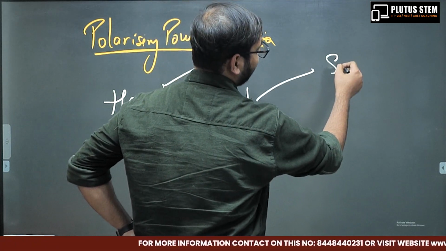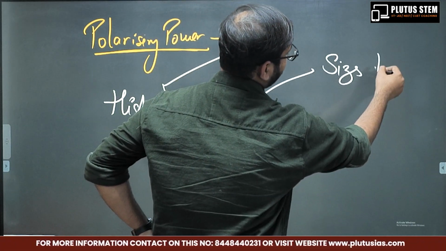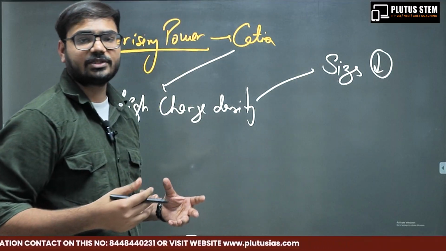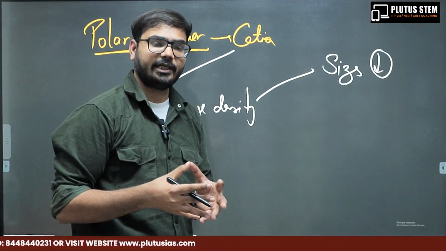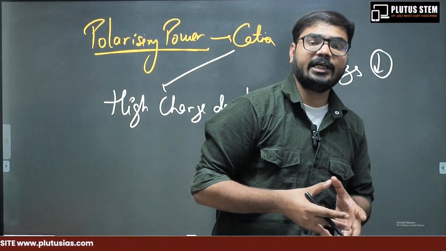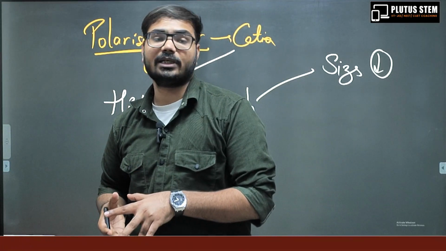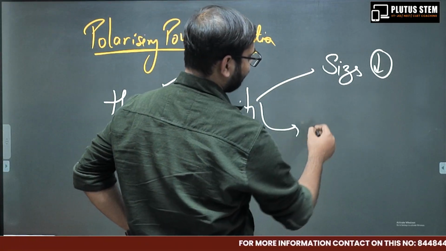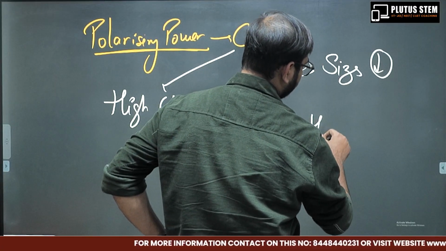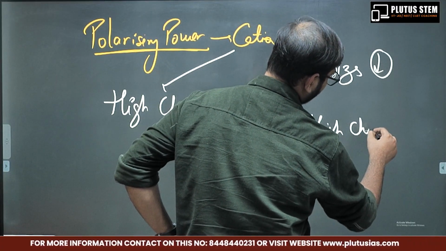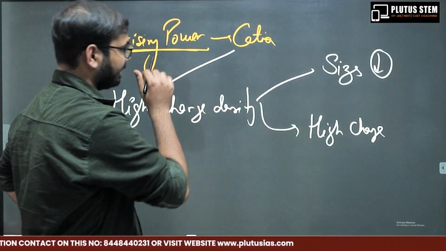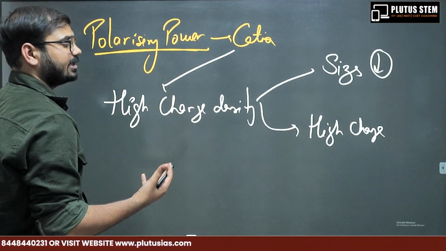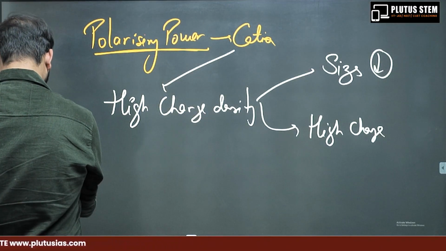First, you should have a smaller size. A smaller size means the positive charge is more concentrated in a smaller area, so the anion will be more easily localized towards that cation. Then you should have as high a charge as possible. If you have these two properties, that means you can define the polarizing power of the compound.